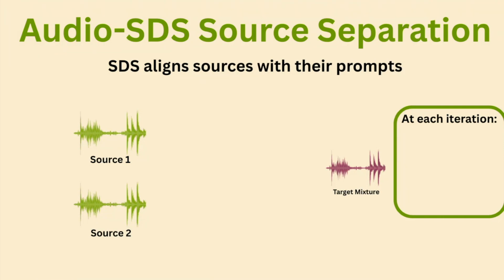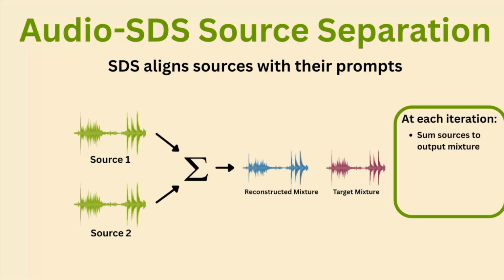And here, the parameters, just to be crystal clear, are literally these 2 sources themselves. So to do source separation with Audio-SDS, we first sum the 2 sources we're working with to get the reconstructed mixture. This is what the output of the task is currently producing.